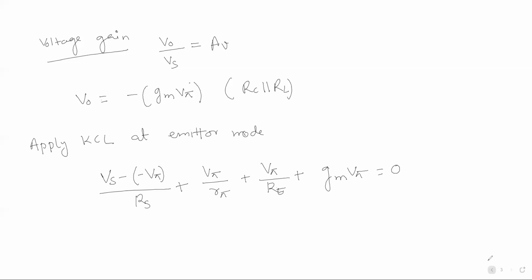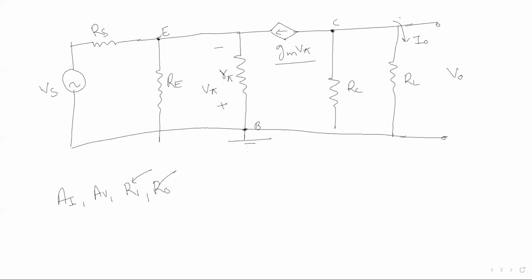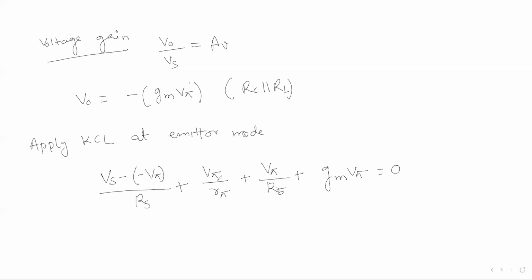How do we get this equation? Actually, we are applying KCL at this node. One current is coming through here, one current is coming through here, one current is coming through here. Okay. At here, what is the voltage? V pi only, minus of V pi. So through which we can calculate this equation. Now rearrange this equation, taking V pi common. What should be the output?